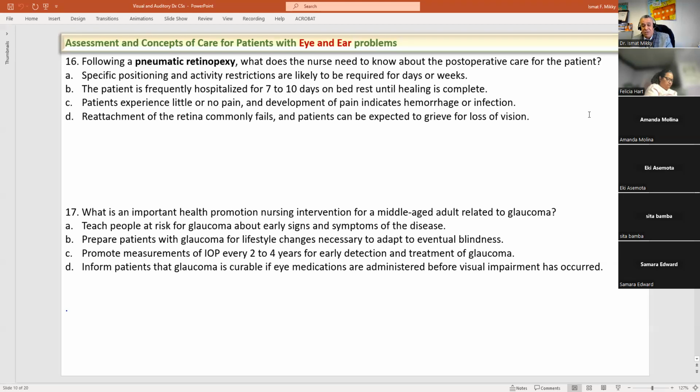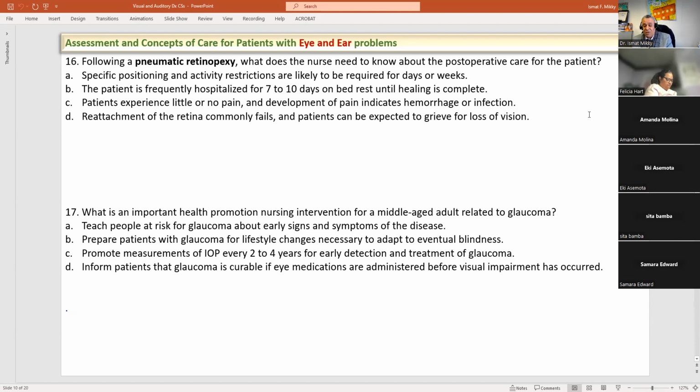This is specific to patients who undergo pneumatic retinopexy, in which some type of gas is injected in the eye. The patient may go home within a few hours of surgery, or may remain in the hospital for several days. But the positioning is critical.